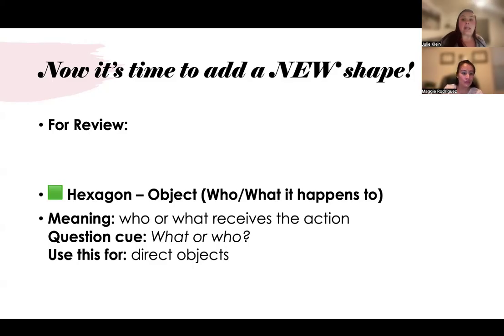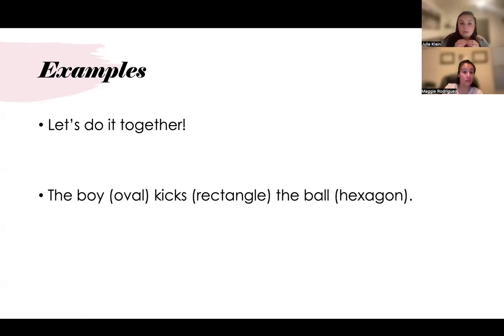All right, now we're adding another shape, a hexagon. It tells us what or who the action happens to. So just for an example, I have the sentence: the boy kicks the ball. Our oval is going to be the boy, because again, what's that? The subject. Perfect.